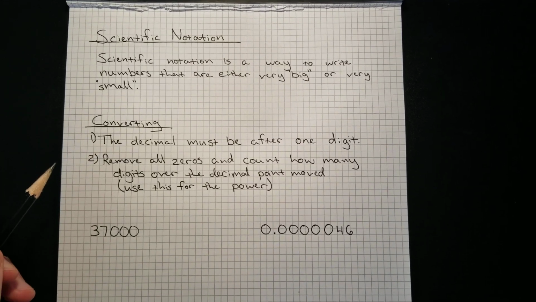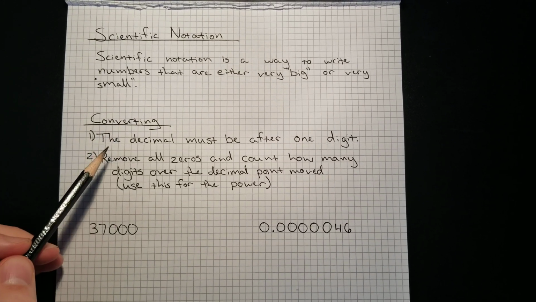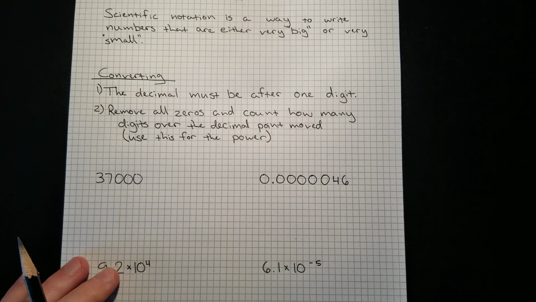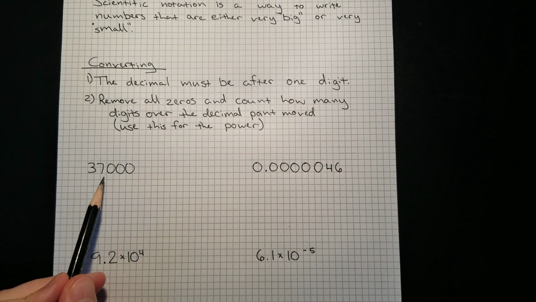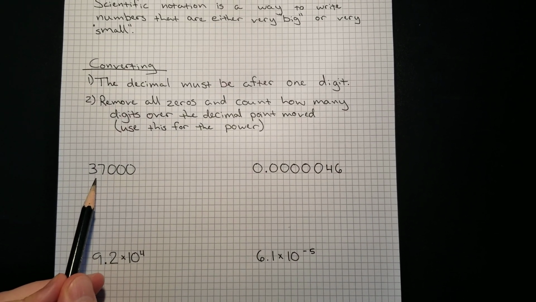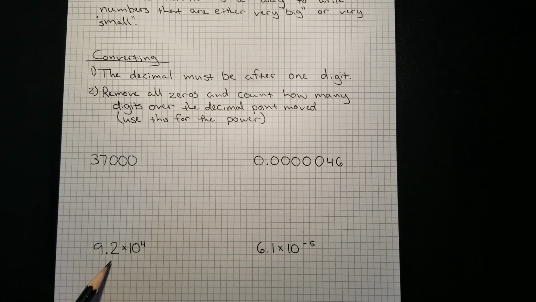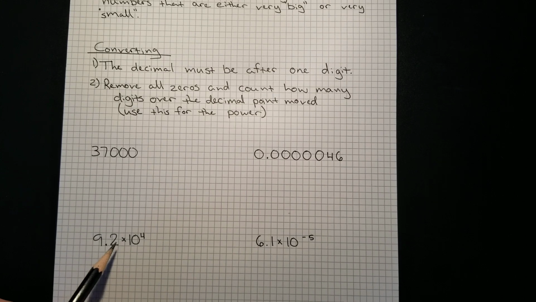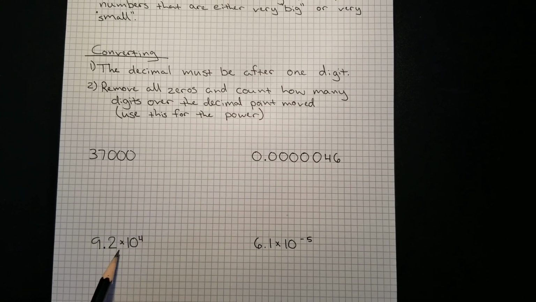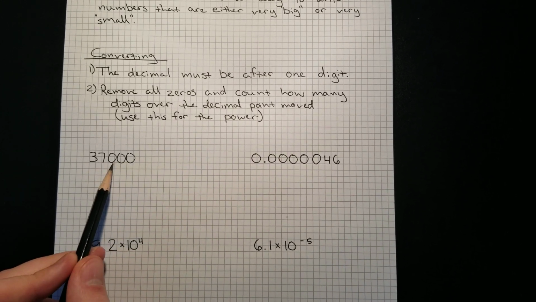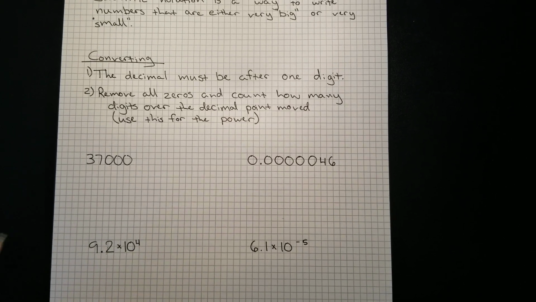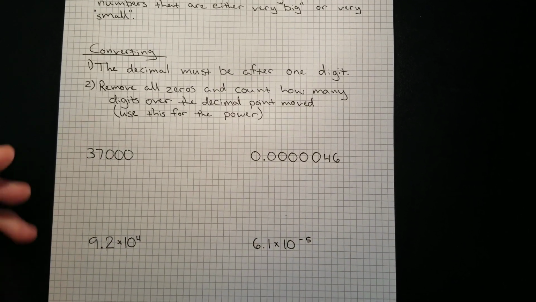So we're going to work on two things today. One of them is converting between a number in standard form, or a number that looks like this, and a number that looks like that, which is already in scientific notation. So we're going to go from that point to that point, and from that point to the other one, and back and forth.